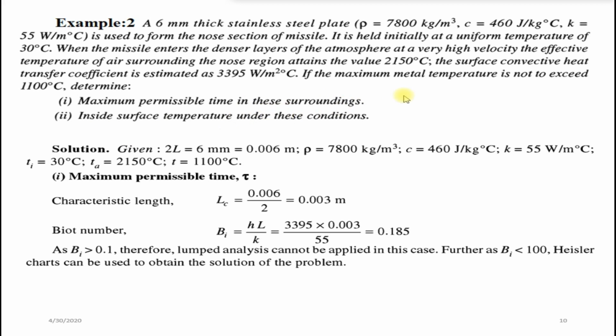In this problem, they have not mentioned temperature at a midplane or temperature time history at any position x. We have to find out the maximum permissible time in these surroundings, that means at the surface. Then the second one, the inside surface temperature under these conditions.